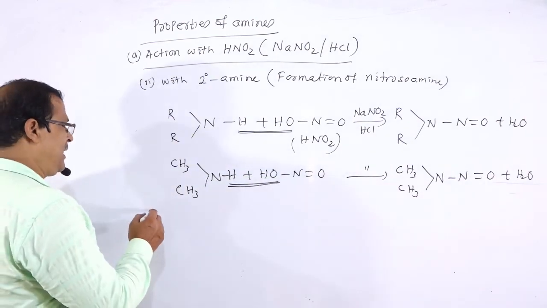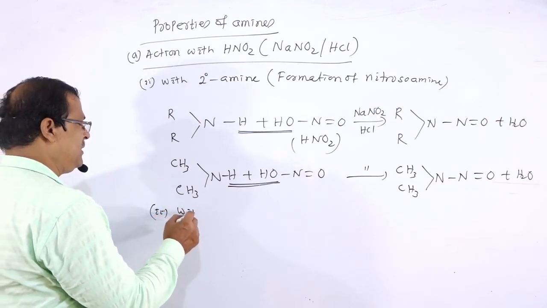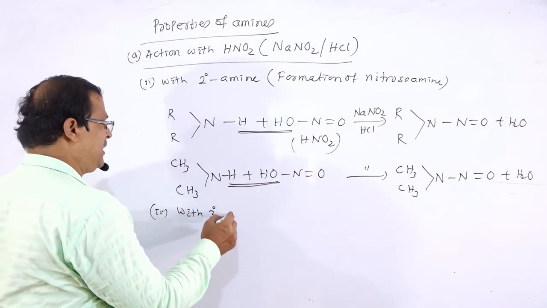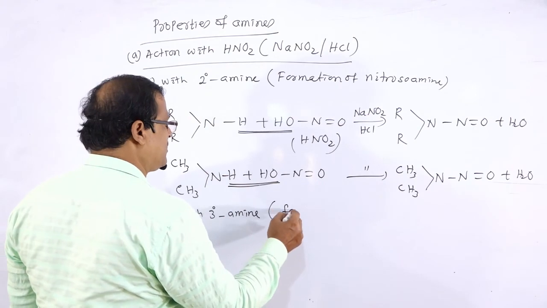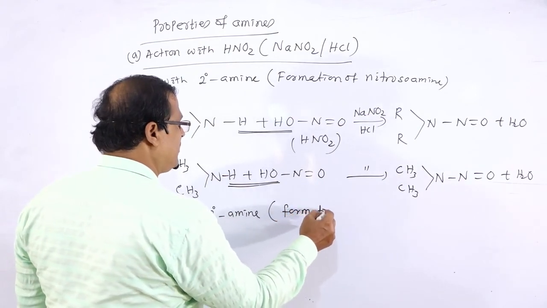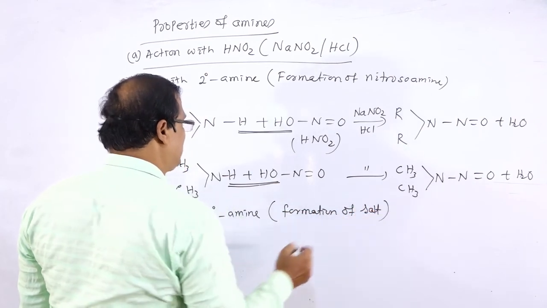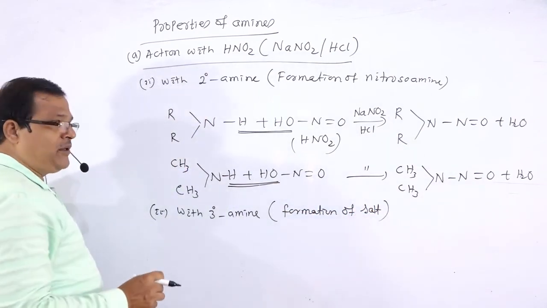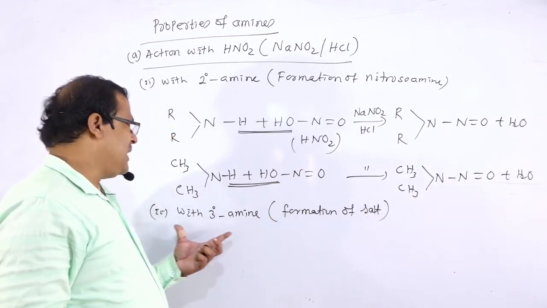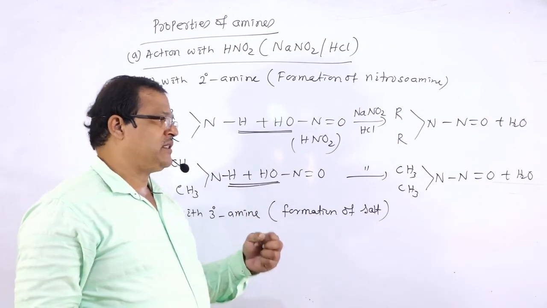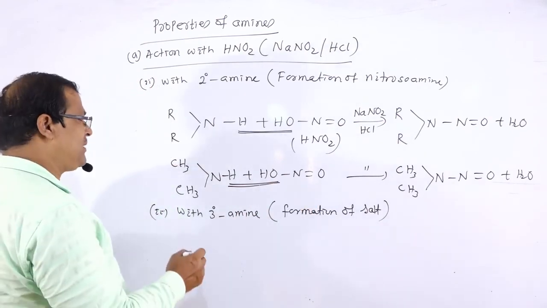Similarly, if we take the example of tertiary amine, the 3-degree amine, with tertiary amine there is the formation of salt. So whenever tertiary amines are treated with nitrous acid, there is the formation of salt.